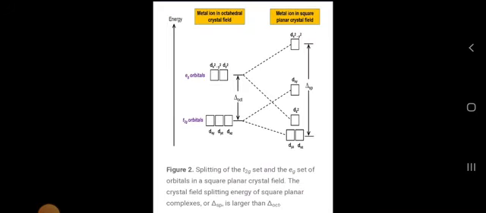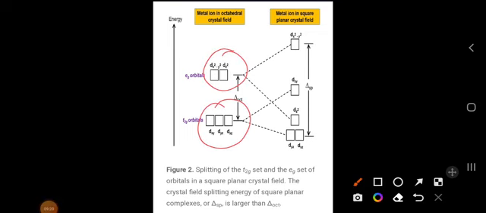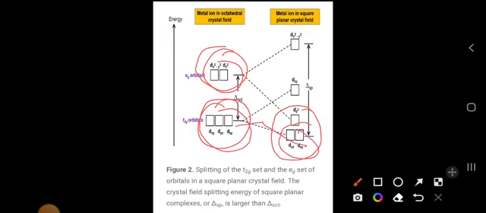Let us see the diagram here. This is the octahedral complex we are taking, which is denoted by delta. Even though it is separated, it still has some energy. Then again, when you apply some ligand and the d orbitals are approaching, the dz orbitals are becoming closer here. See here, dyz and dxz are becoming closer and dz square is becoming closer, and here dxy and dx square minus y square are becoming closer.